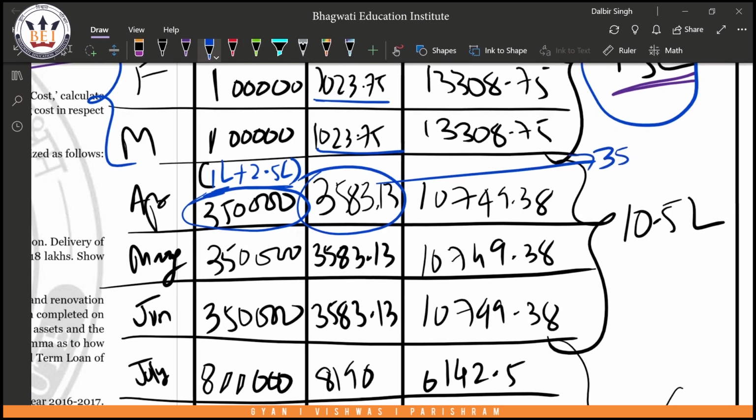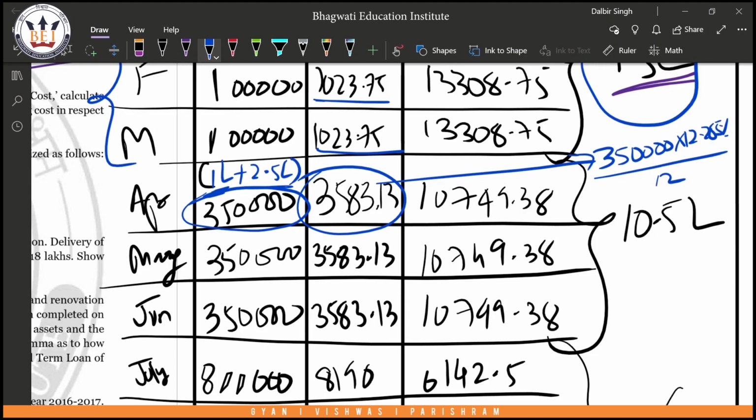So 3,50,000 into 12.285% divided by 12. If you do that, you find the amount for the month of April, which is 3,583.125. But here I've just rounded it off.